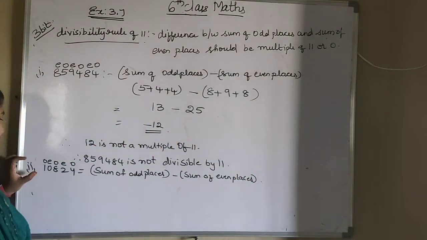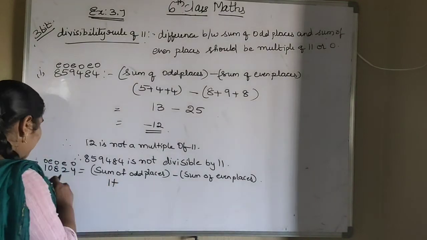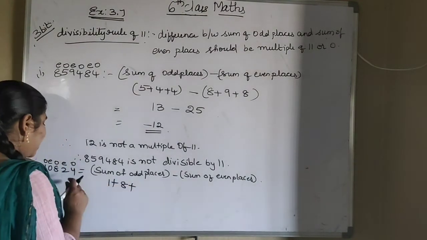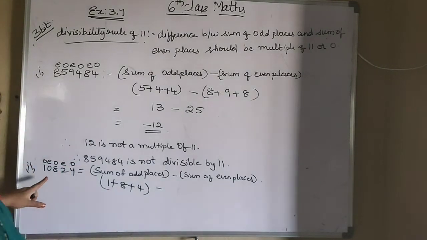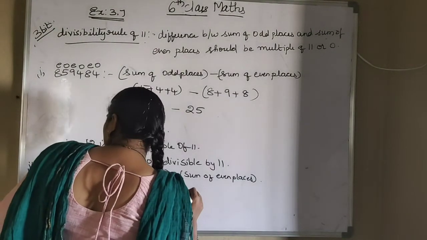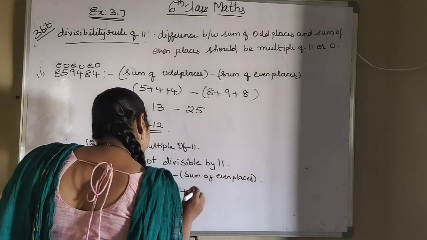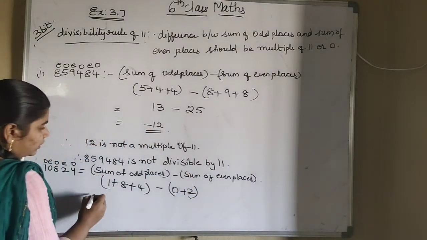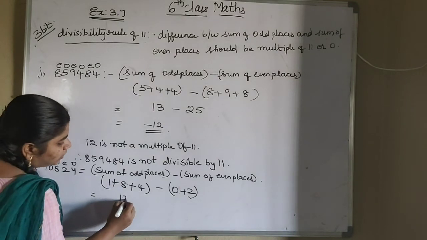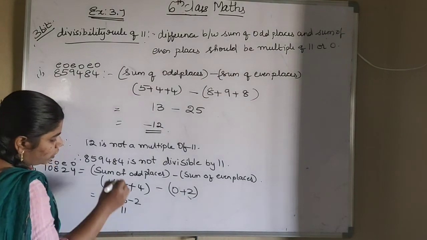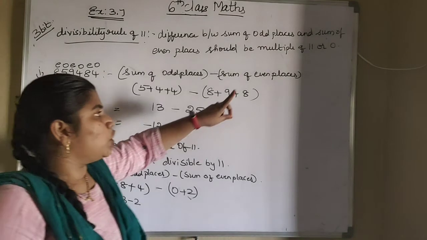What are the odd places? 1 plus 8 plus 4. Even places are 0 plus 2. 8 plus 4 is 12, 12 plus 1 is 13, 13 minus 2 equals 11. 11 is a multiple of 11.